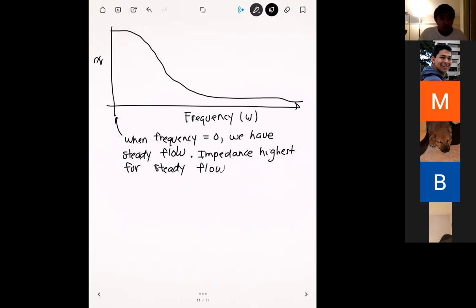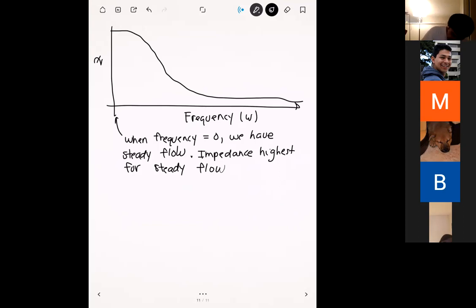Okay. And so now that we have a good understanding of what impedance is, and we saw the example with the bifurcation, let's extend that example to compute the impedance for an entire system of bifurcations, which was our goal originally for these nodes.